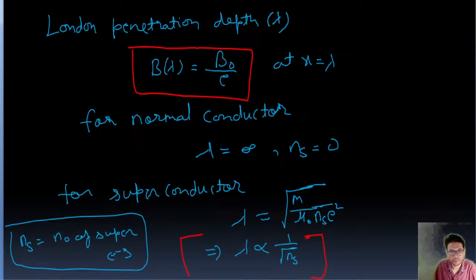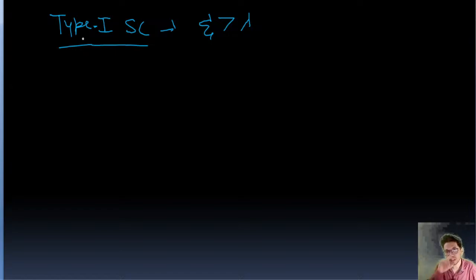So for type 1, zeta is greater than lambda.